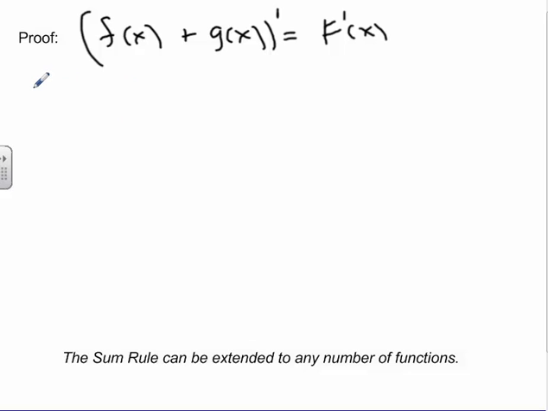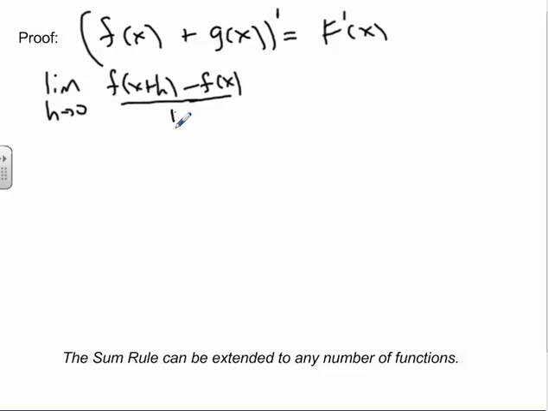Well, the rule for the derivative is it's the limit as h approaches 0 for f of x plus h minus f of x all over h. With one big difference here, though.